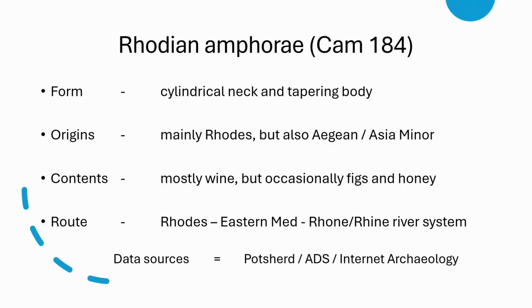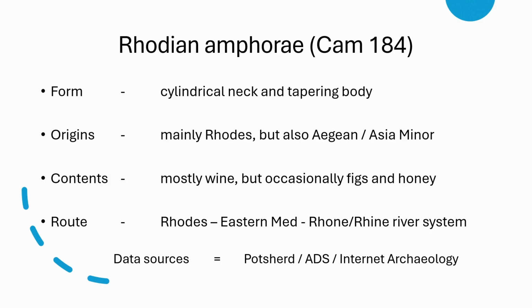And the supply route from the island itself would have been through the Eastern Mediterranean to probably somewhere around Marseille to enter the Rhone, Rhine shipping routes, to supply, particularly with military supply, the northern frontiers, ending up, of course, at the Channel and across Channel into the British or Britannia market.